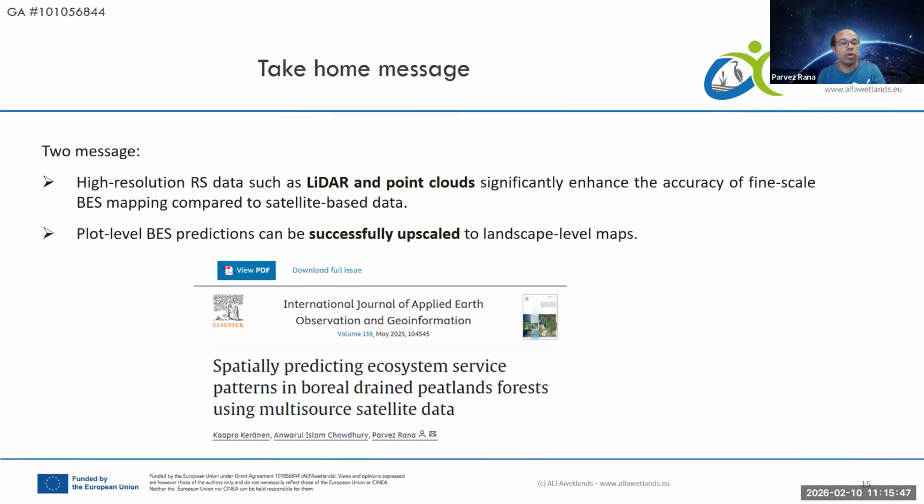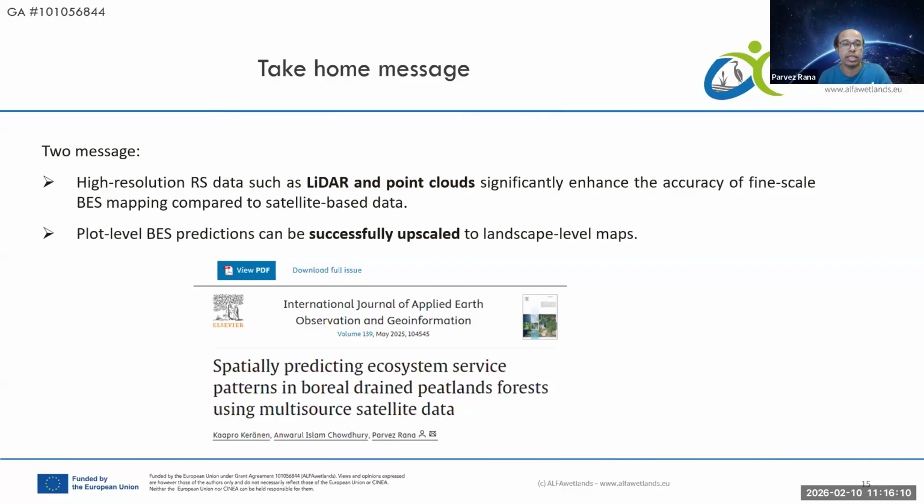Yeah, and from this exercise, the main message is that high resolution remote sensing data like LiDAR data is very useful for us, and we could also produce wall-to-wall maps. Some part of the result is already published, and some part is still under review.